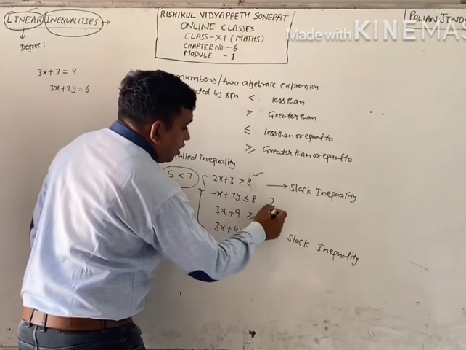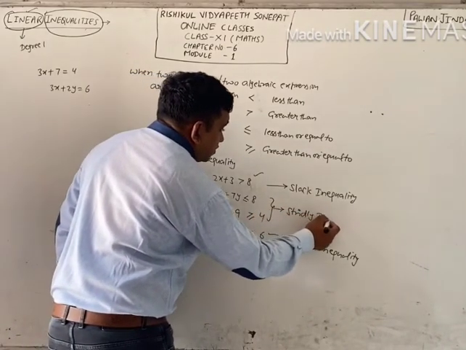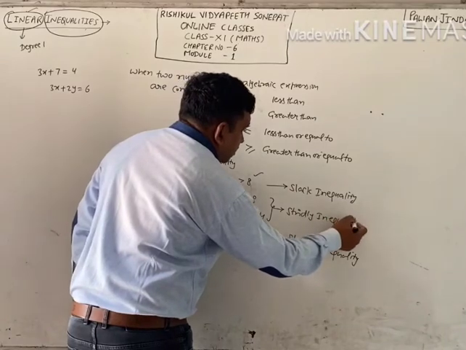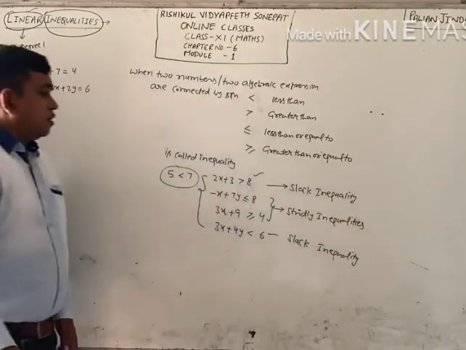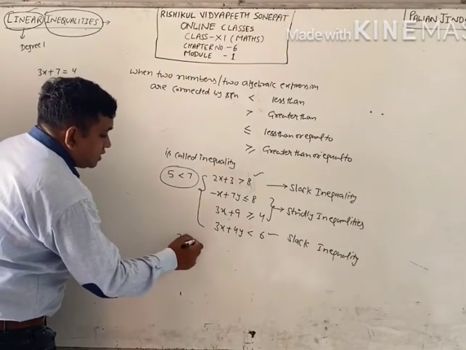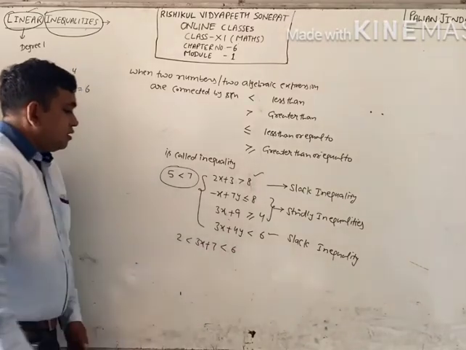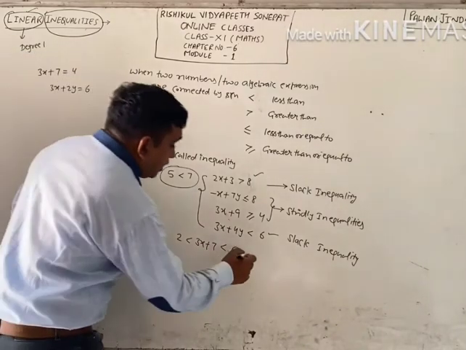These two are called your strict inequalities. I am writing one more. 2 less than 3x plus 7 less than 6. This is called your double inequality.